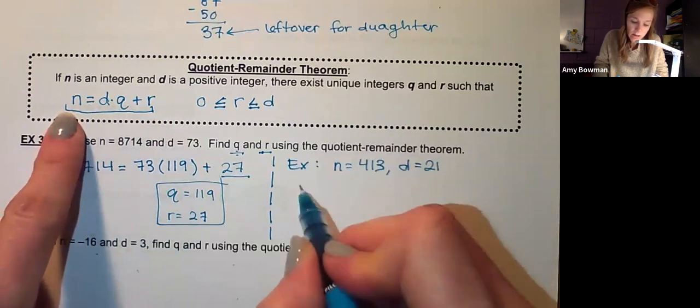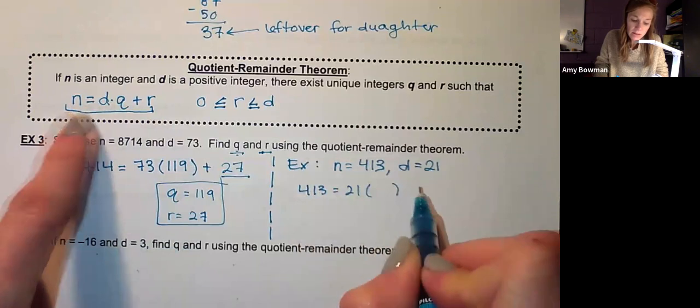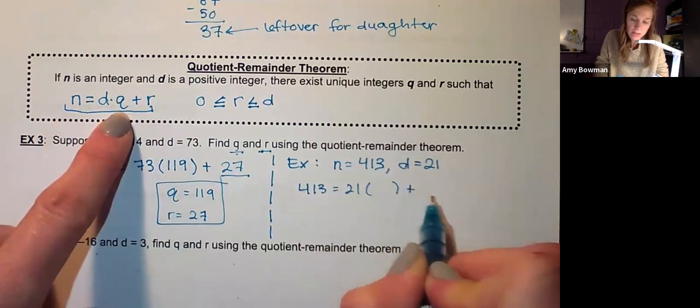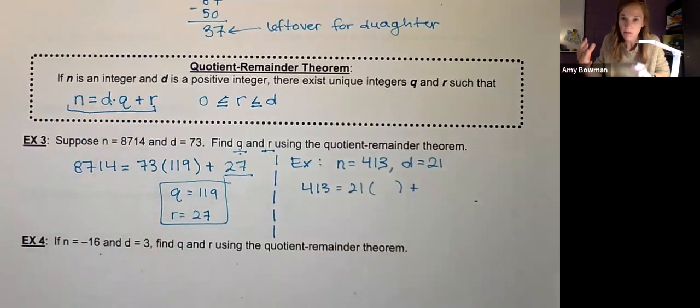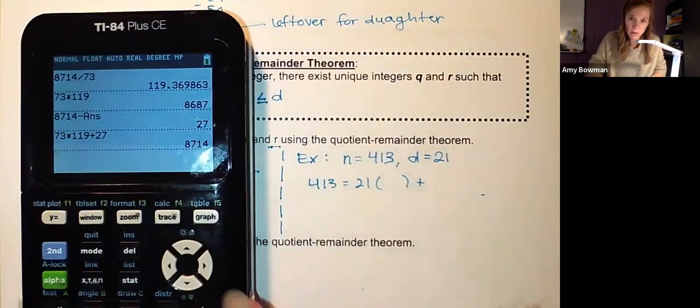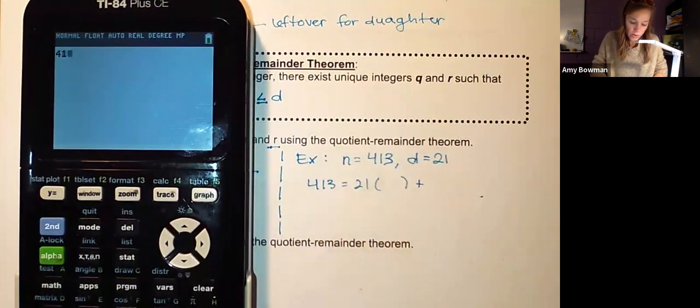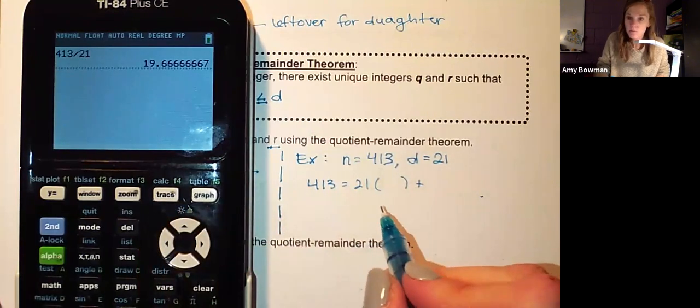So n, 413, equals 21 times something. That's my quotient I need to find, plus some other remainder amount left over. So again, I'm just going to take the calculator. We're going to do 413 divided by 21 and see how many whole times 21 goes into it. So 19.